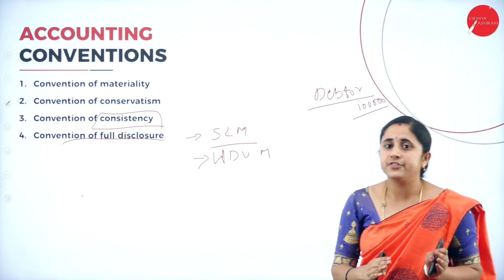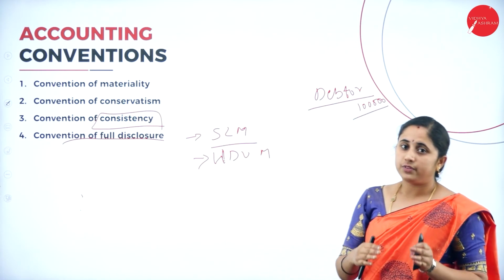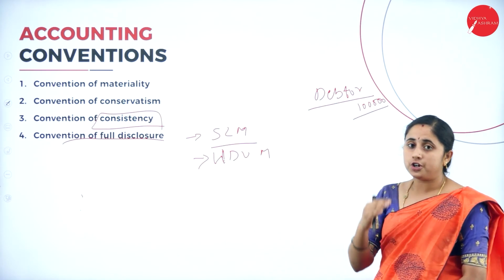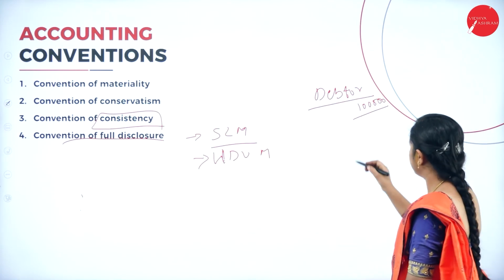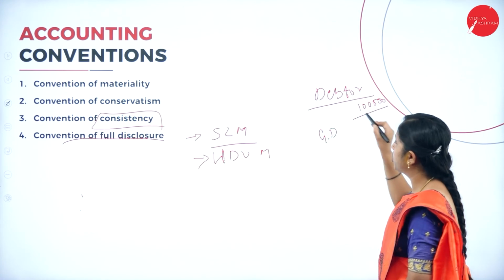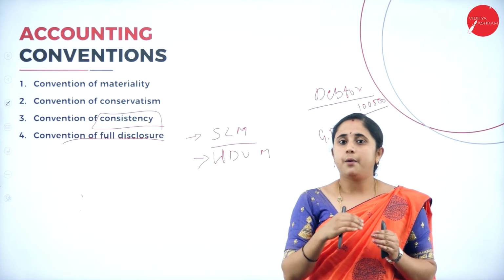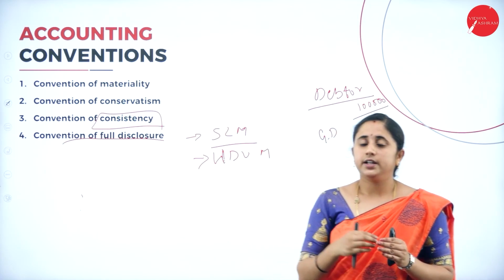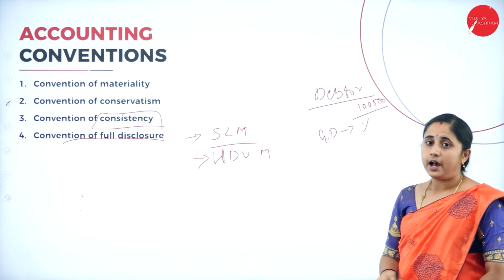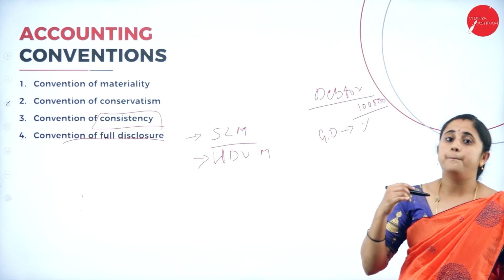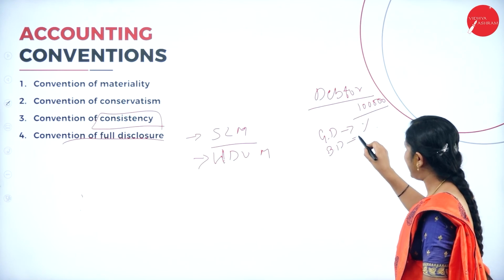It is not sufficient information in your financial statement. In this, you should mention how much is good debtors, that is, the amount which is sure to be recovered, and how much is bad debts.